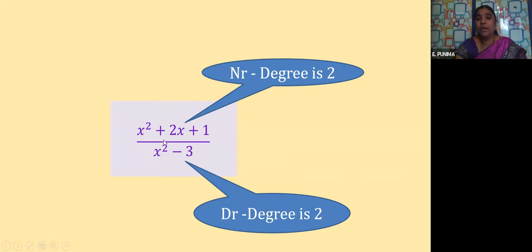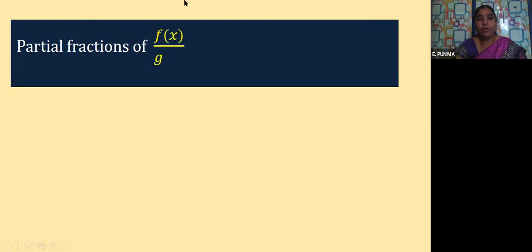Is it clear, children? Whenever the degree of the numerator is greater than or equal to the degree of the denominator, in these two cases, we call a rational fraction an improper fraction. Clear, children? Now let us see, whenever you have an improper fraction, how can you reduce it, how can you split it into partial fractions?